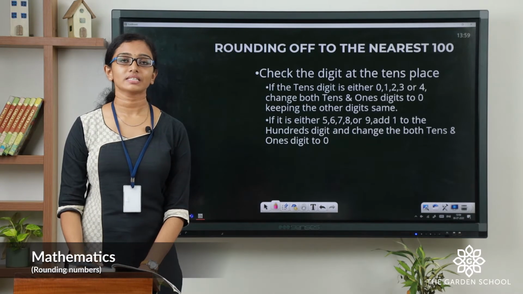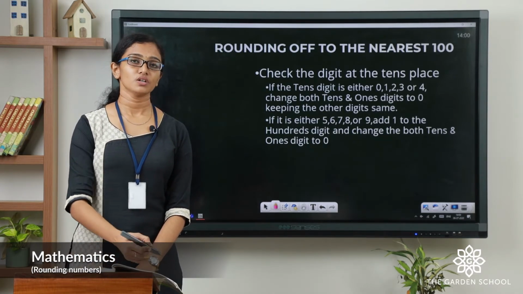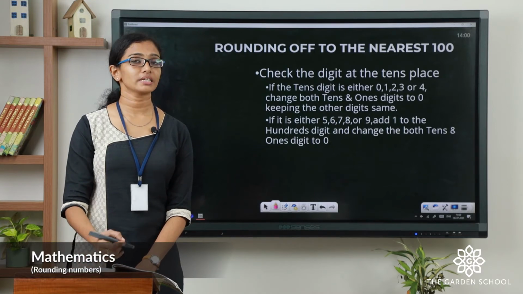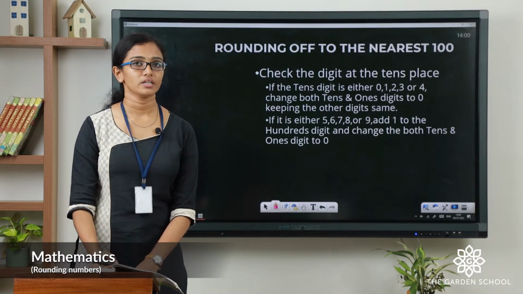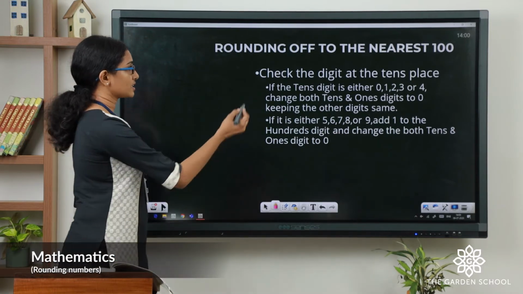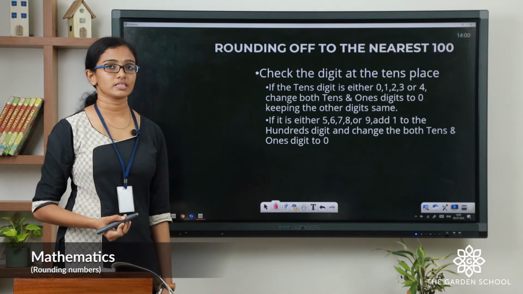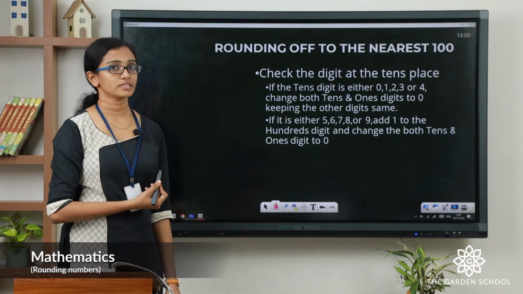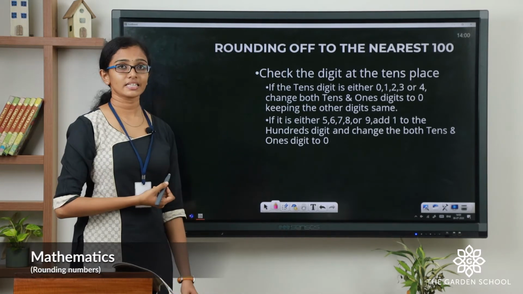Now, let's see what are the steps involved in rounding off a number to the nearest 100. It means we are changing the number to the nearest multiple of 100. So, in that case, the rounding digit is the hundreds digit. We have to check the digit which is right of the rounding digit. So, in that case, here it is the tens place.